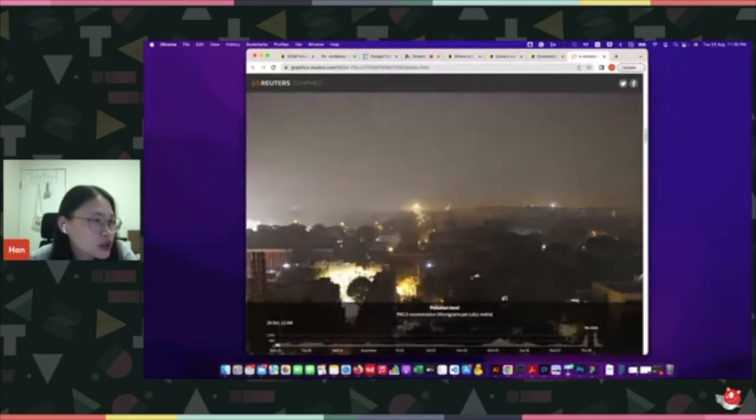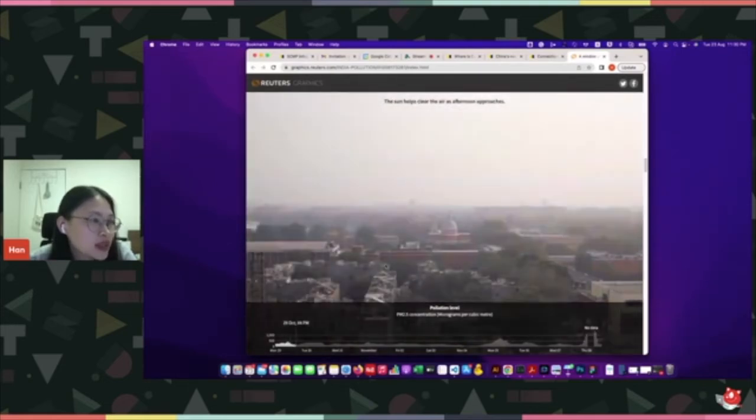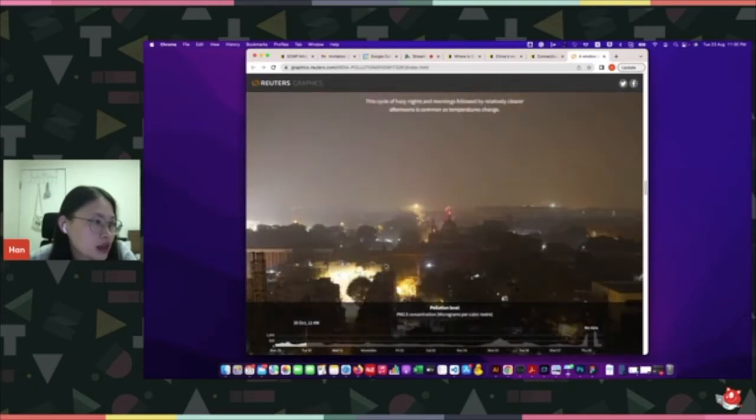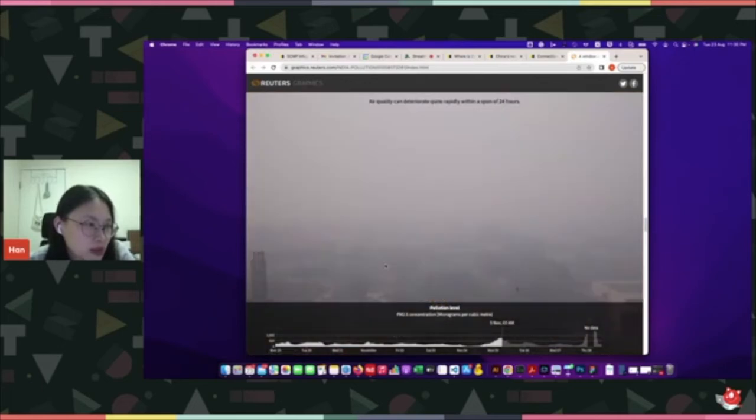If the reader scrolls through the page, you can see the actual image of the day, and this is the time and the date when we took the photos. We included all the good days and bad days, and we picked certain important moments when you can see how bad the air was in India.